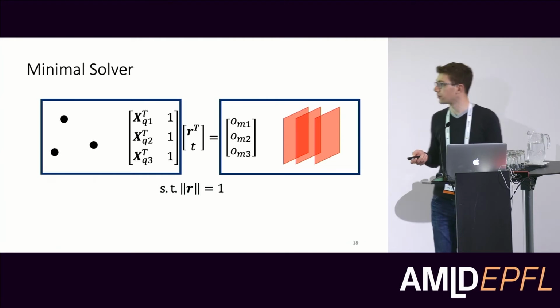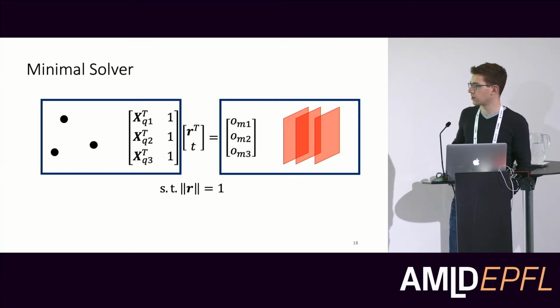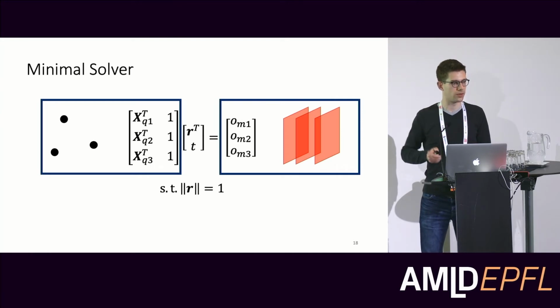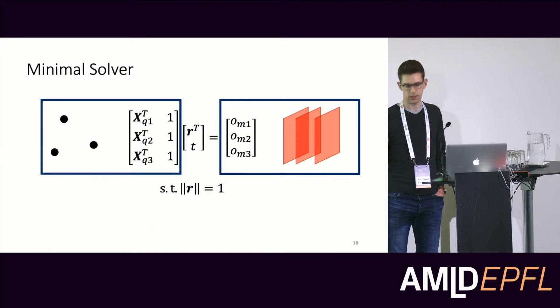And then we can solve for this vector, which is basically the row of the rotation matrix plus this one translation component. And we are enforcing the norm of the rotation matrix row to be 1, just because a rotation matrix has to be orthonormal.